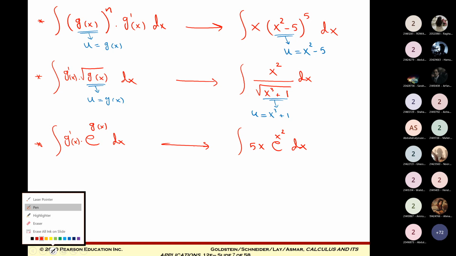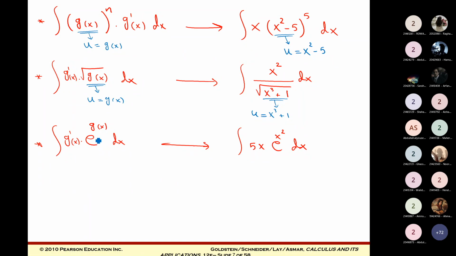We focus on the x. The coefficient of x, we can put outside the integral, no problem. But we focus on the x and the power of x. Here we suppose u equals g of x to solve this case.